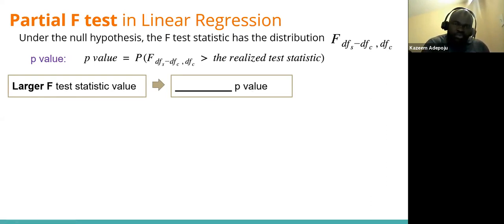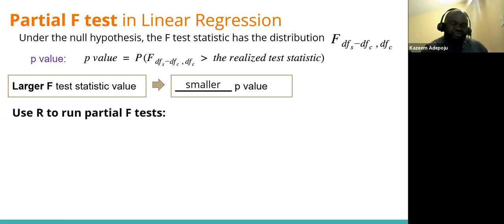When the F statistic value is very, very large, then the p-value associated with that will be very, very small. And when the p-value is very, very small, then you are going to reject the null hypothesis. So take note of that. That was why I said the smaller the p-value, when the F statistic value is large.